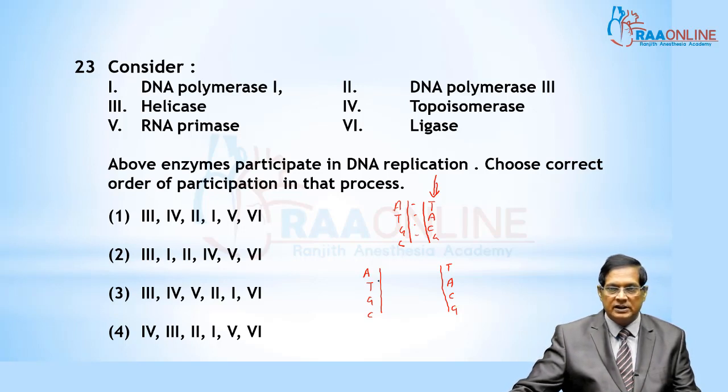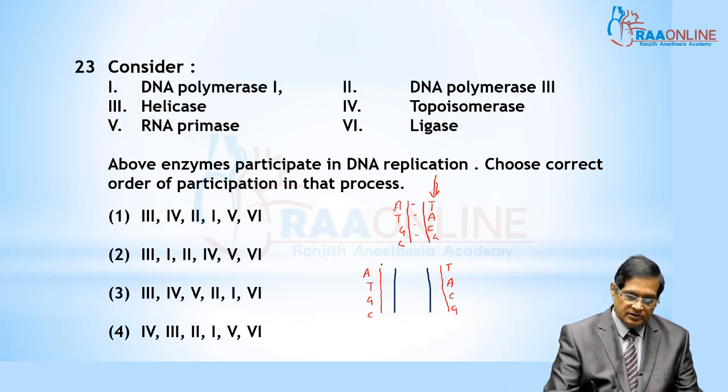That is, this strand requires a complementary strand, so a new strand is synthesized by this one, and similarly a new strand is synthesized by this one. T, A, C, G, A, T, C, G, hydrogen bonds are there.